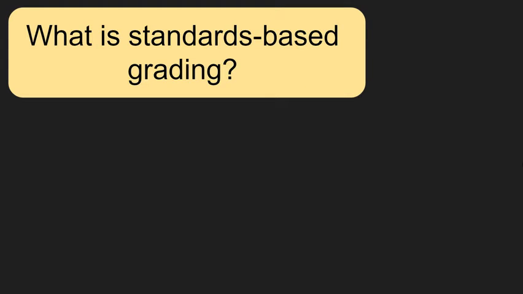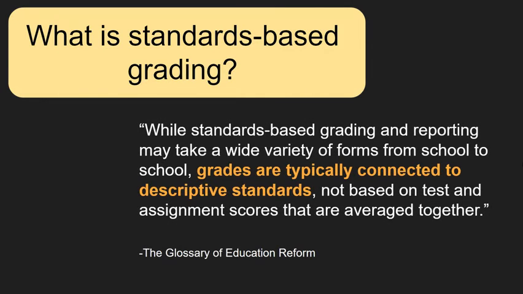As we think about what standards-based grading is and how it is different perhaps than what we experienced as students, standards-based grading may look different from district to district, but grades are connected to individual standards.